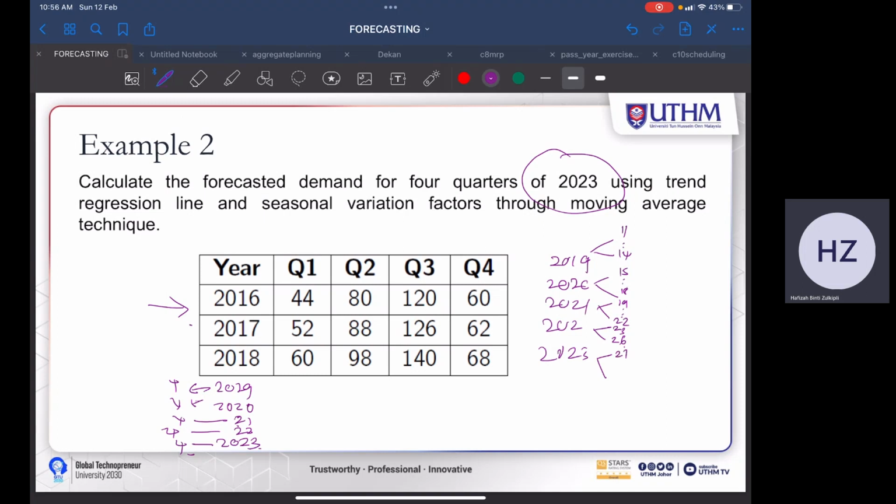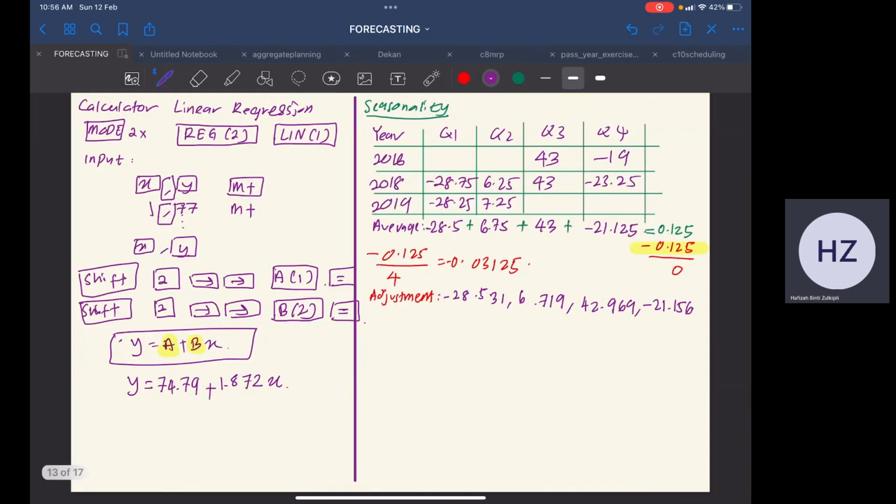This is 27 up until 30. So the X for 2023 is starting from 27 up until 30.